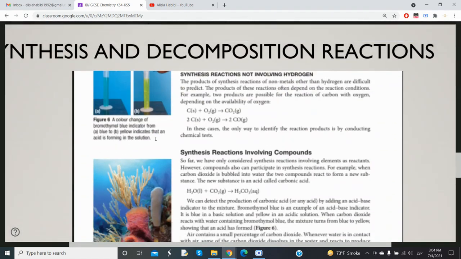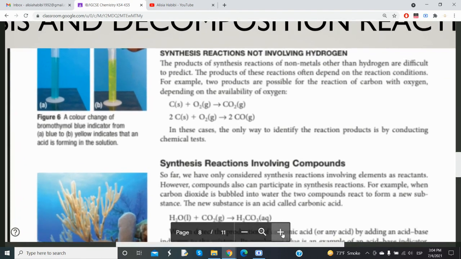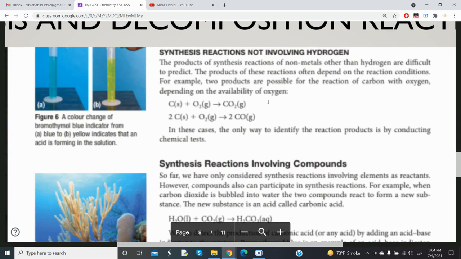Now, guys, we're going to be looking at synthesis reactions that don't involve hydrogen. It says the products of synthesis reactions of non-metals other than hydrogen often depend on the reaction conditions. For example, 2 products are possible for the reaction of carbon with oxygen, depending on the availability of oxygen.